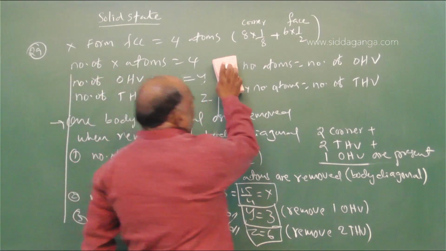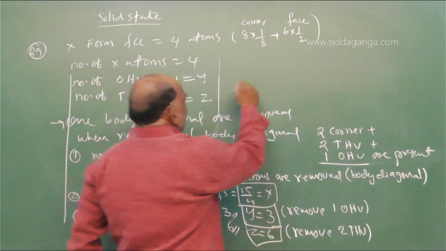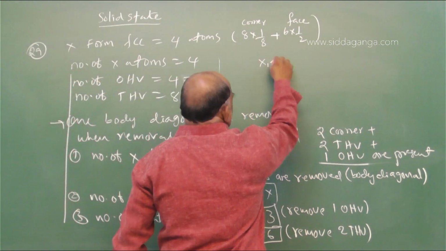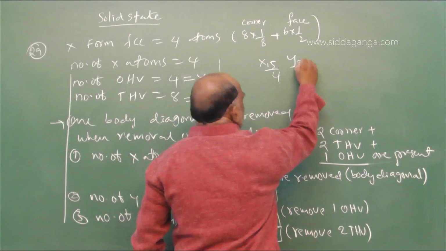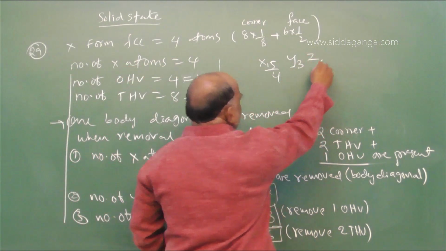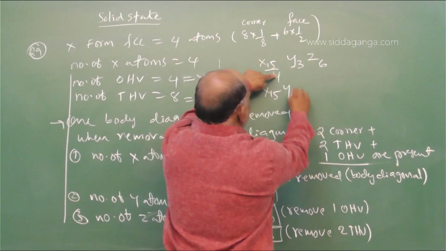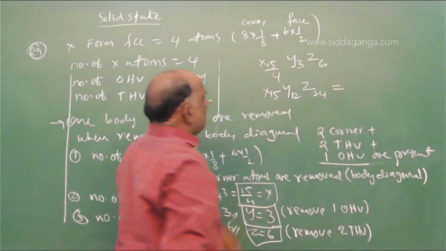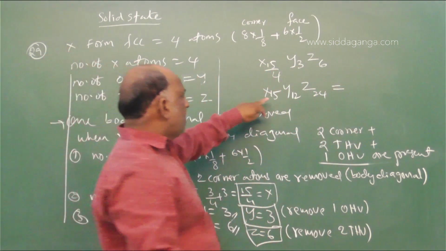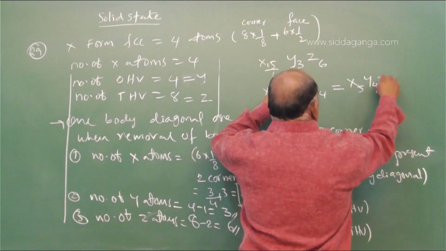So here we should write X is equal to 15 by 4, Y was 3, Z is 6. So X 15, Y 3 4s are 12, Z 6 4s are 24. That is, 3 common. What is the answer? X 5, Y 4, Z 8.